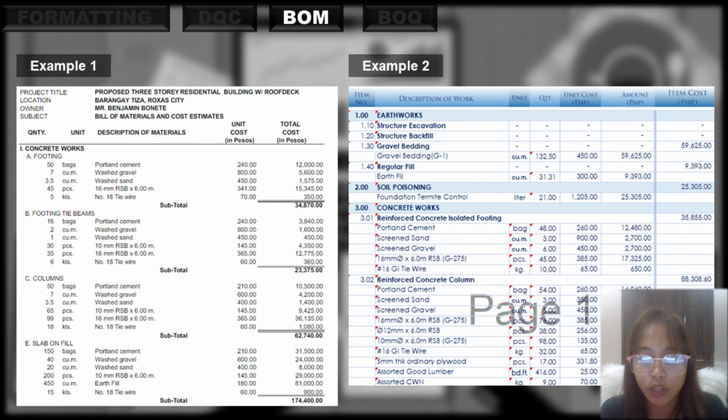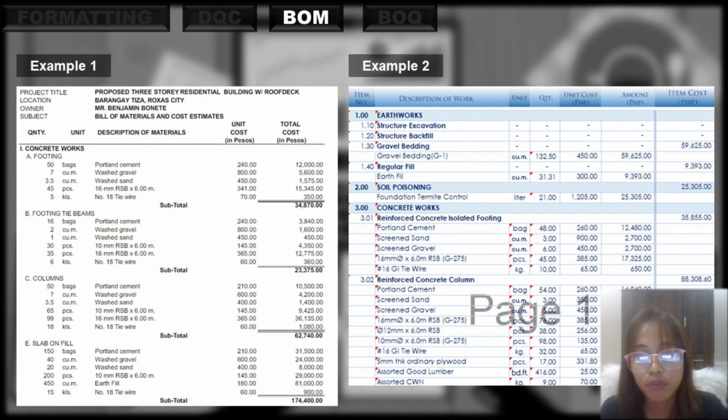price and costing of the materials and quantity we have computed from the DQC. Bill of materials or BOM is a structured list identifying all materials and components required in our project. Shown here are two examples of BOM of two different projects.